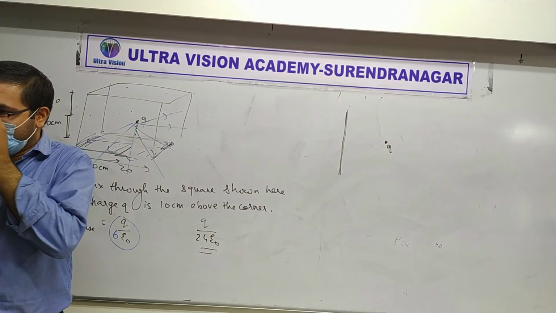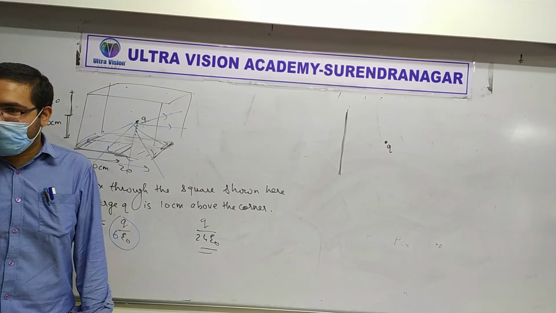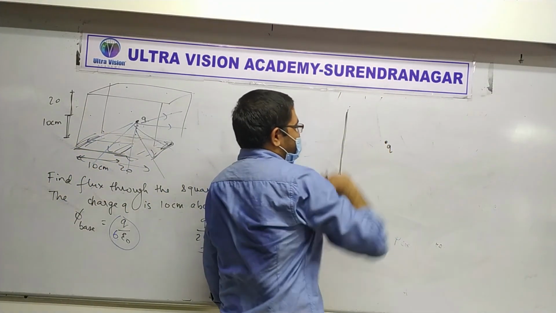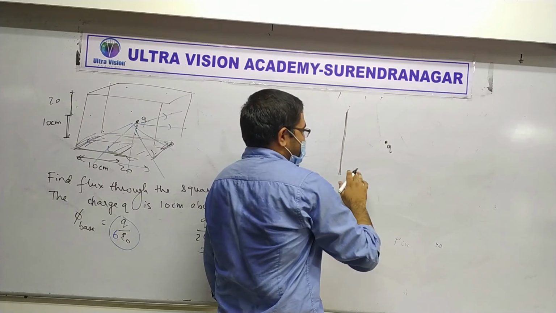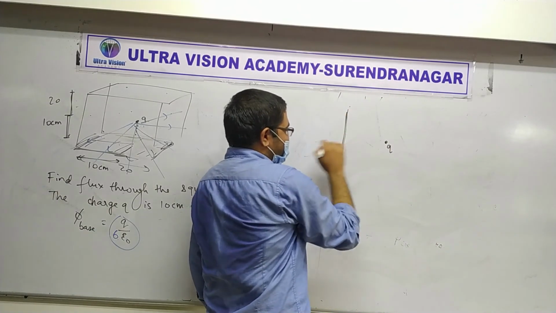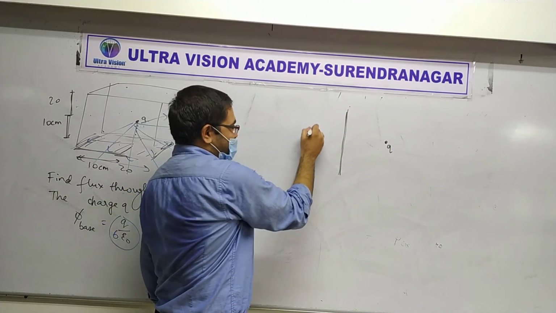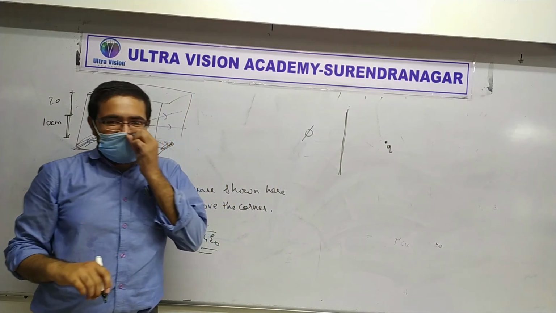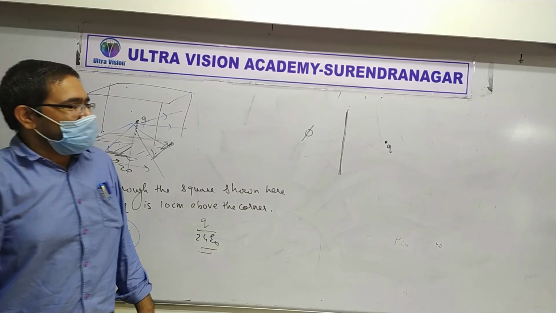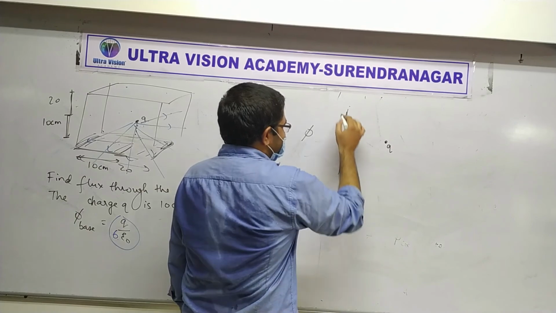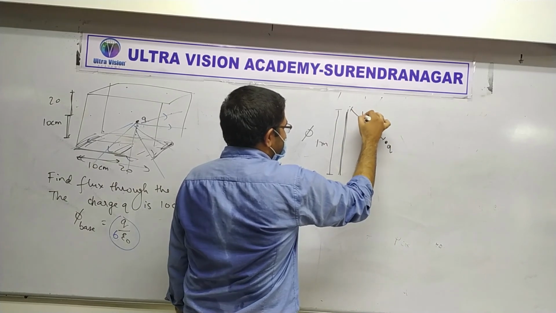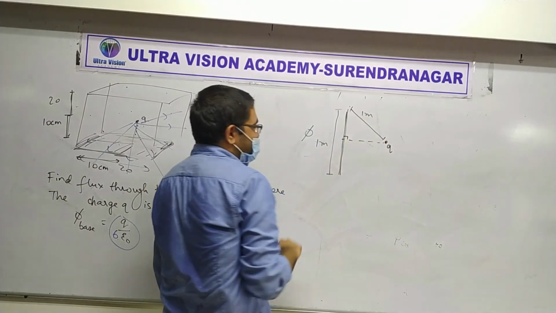Now if we are given that the flux for this sheet is phi, and given that the length of this is suppose 1 meter and this distance is also 1 meter, and this is also perpendicular by this.